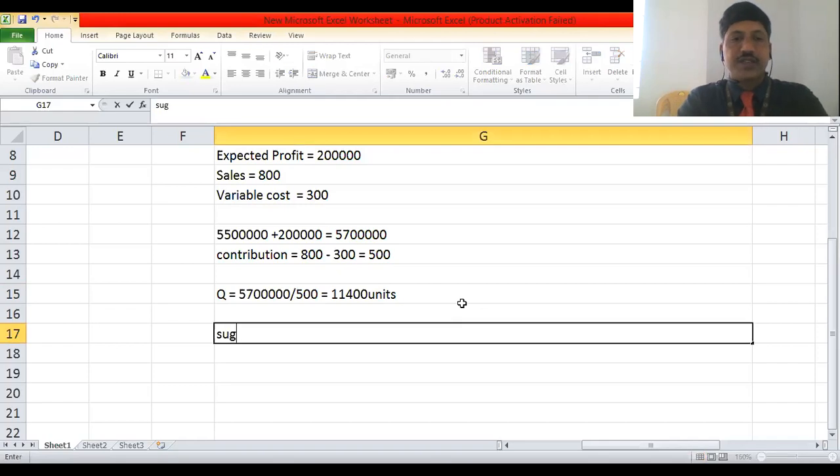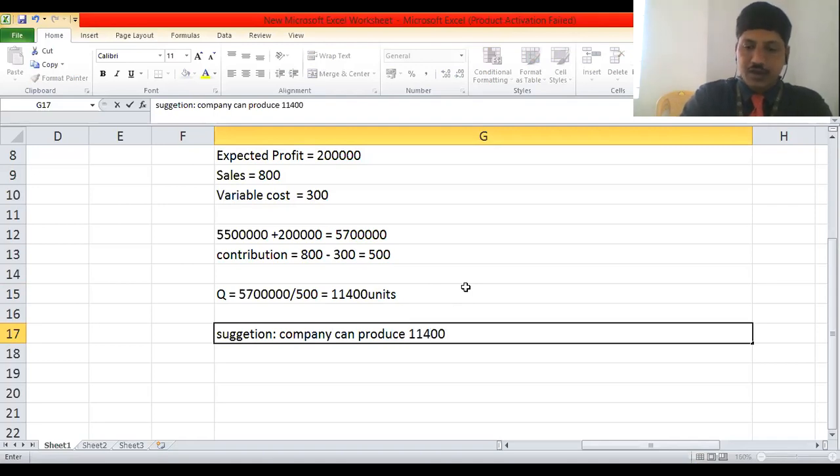Now you can give a suggestion that the company can produce 11,400 or 12,000 units to achieve 2 lakh rupees profit.